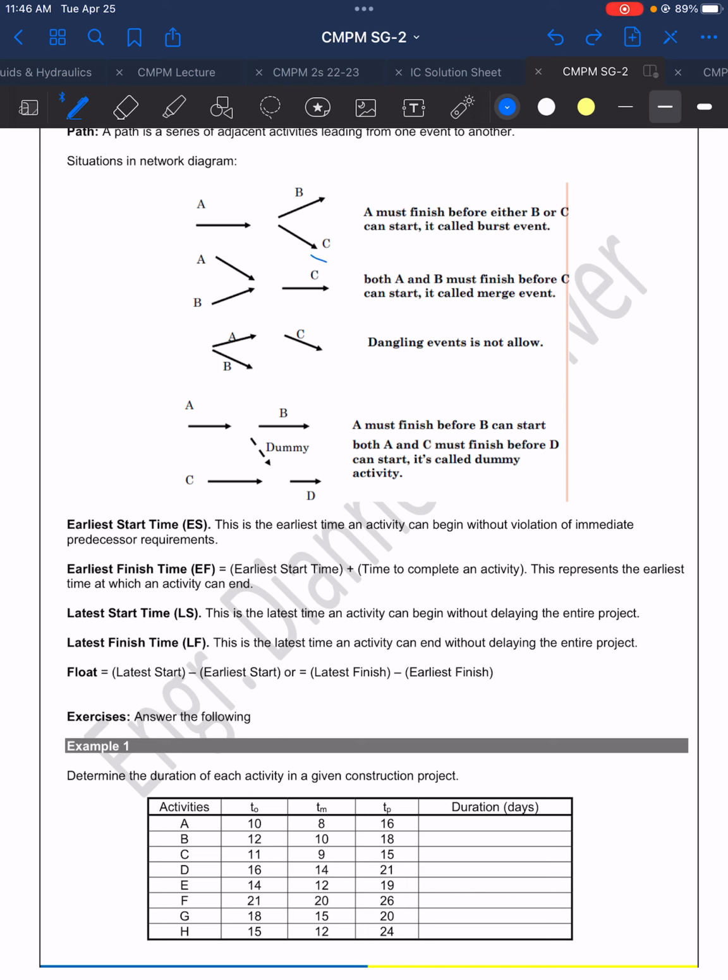And this pattern here signifies that both A and B should finish first before activity C can start.